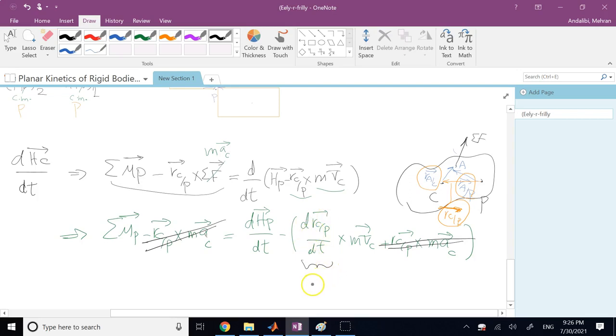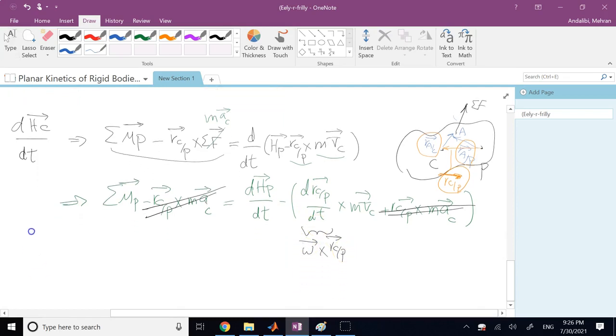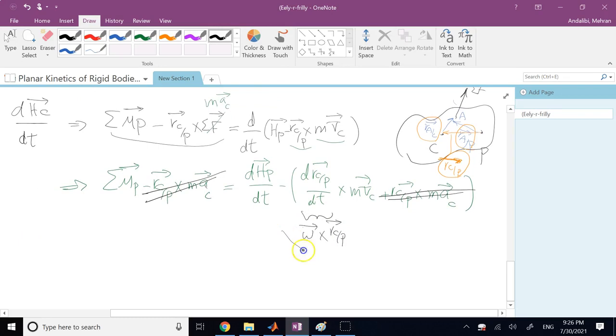So based on what we know, it is omega of the rigid body cross this vector. Okay, that's the derivative of any vector attached to a rigid body is omega cross the vector. And now the question is, what is this whole thing here?